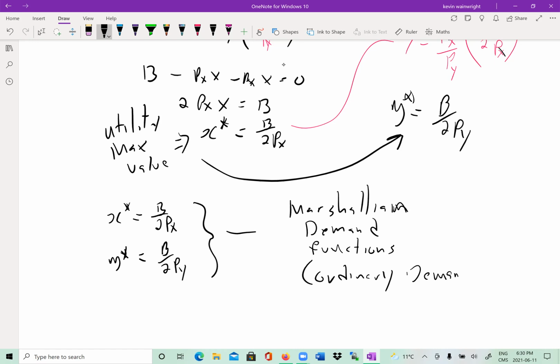Okay. So these represent the two demand curves for x and y.